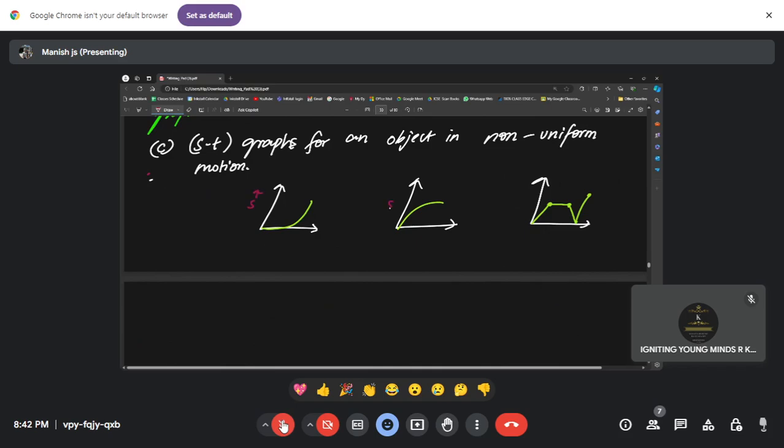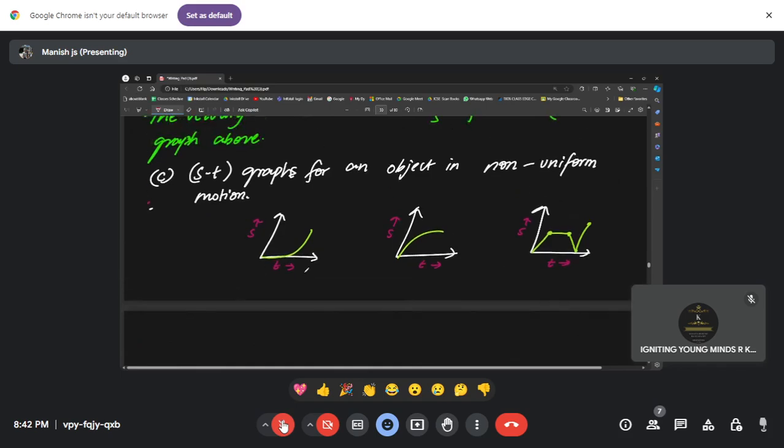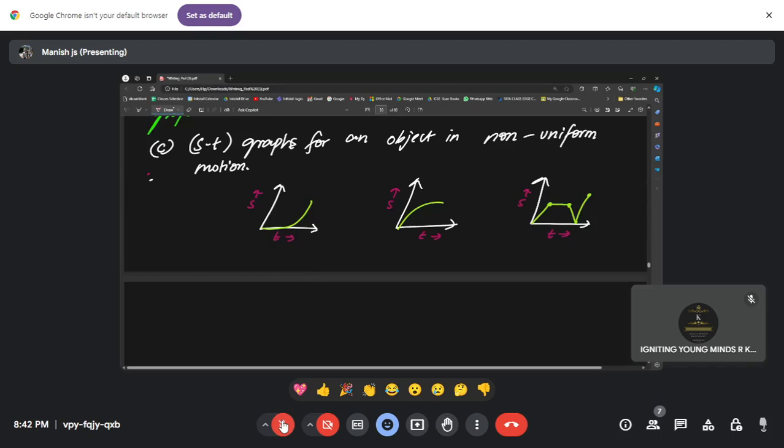So displacement is always along the y-axis and time is always along the x-axis. These are three different types of graphs that denote non-uniform motion. The first two graphs that you see here, in these graphs you can see that there is a sudden, steep increase in velocity.